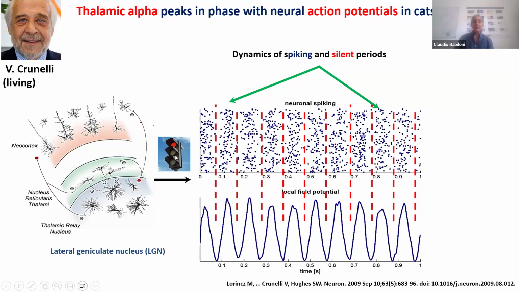You see that I use the traffic light in red in relation to alpha rhythms because red in the traffic lights means stop, inhibition, not to go.